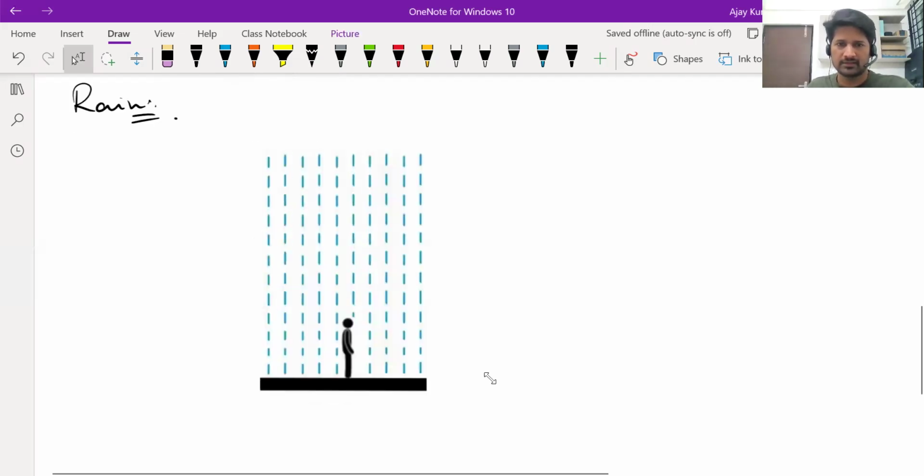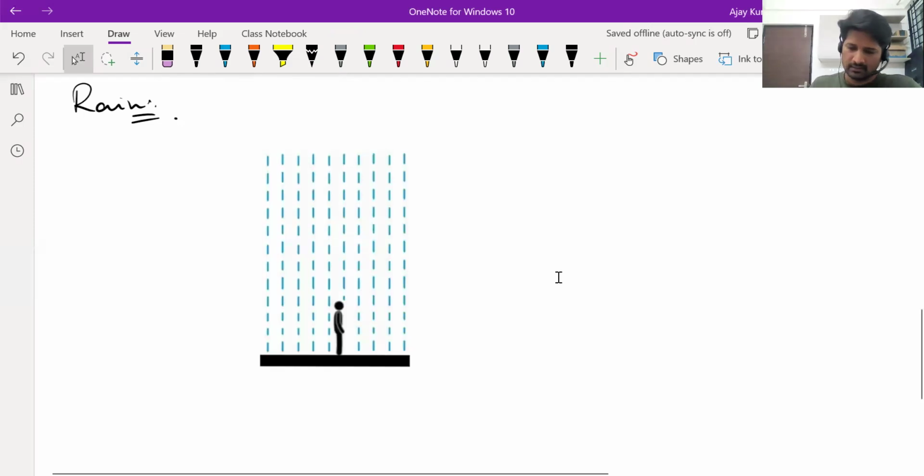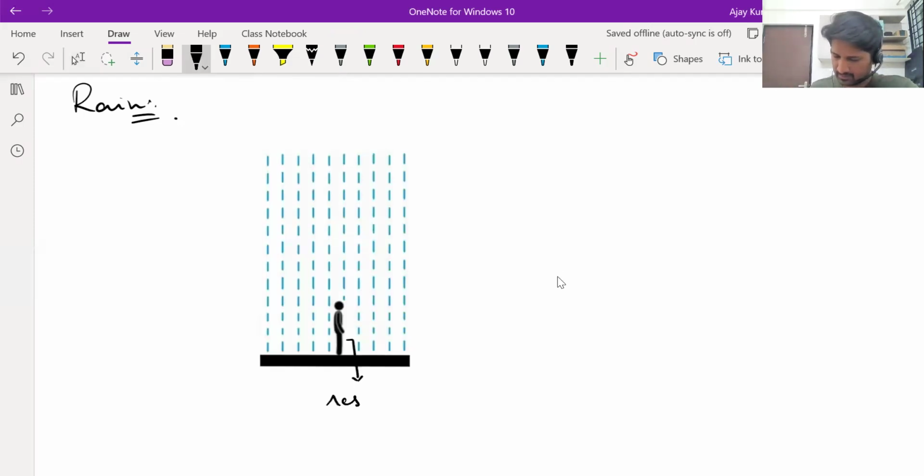Consider something like this. Let's say the person is at rest, and to that person, the raindrops appear to be falling vertically downward.